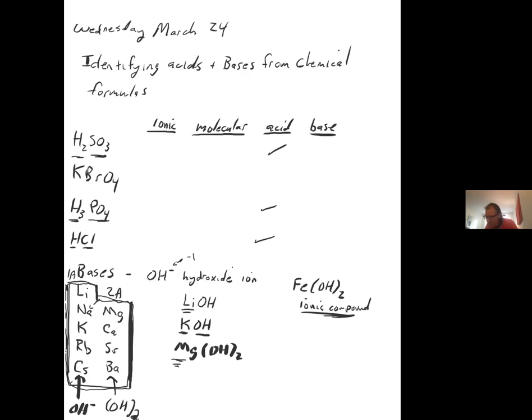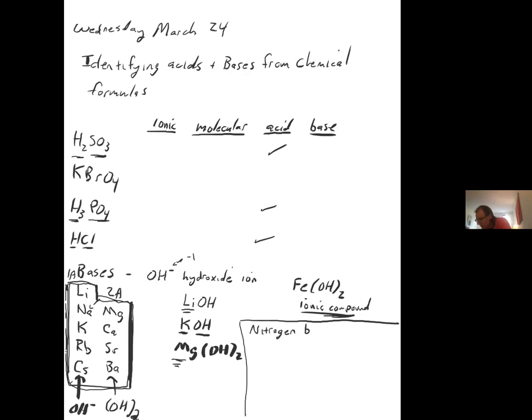So if we look through here, we don't see any compounds that sort of fit that format, right? There's nothing in there of like KOH or Sr(OH)2, none of those in there. So it doesn't look like there's any bases in there. But I do want to point out there's a second type of base, and those of you that are studying biology, you're aware of these kinds of bases, and those are what we call the nitrogen bases.